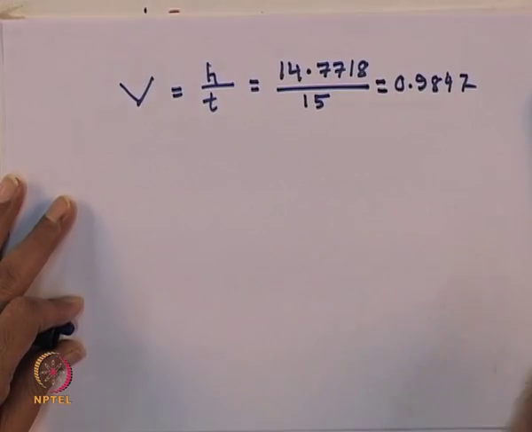So this is the V, and here V is showing about 0.98.